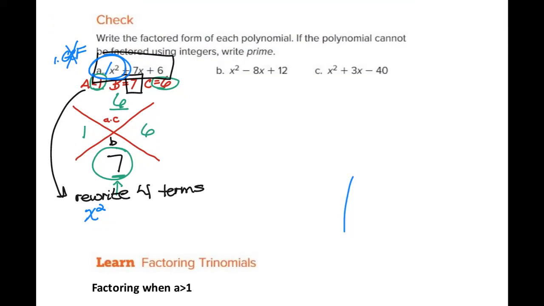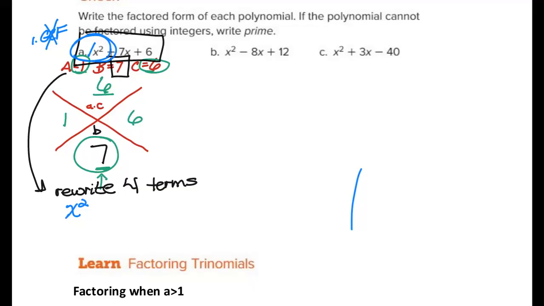The middle term is going to be each of these terms with an x, because we know 1x plus 6x gave us that 7x that is in the middle. So we are rewriting the middle, breaking that 7x into 1x plus 6x.